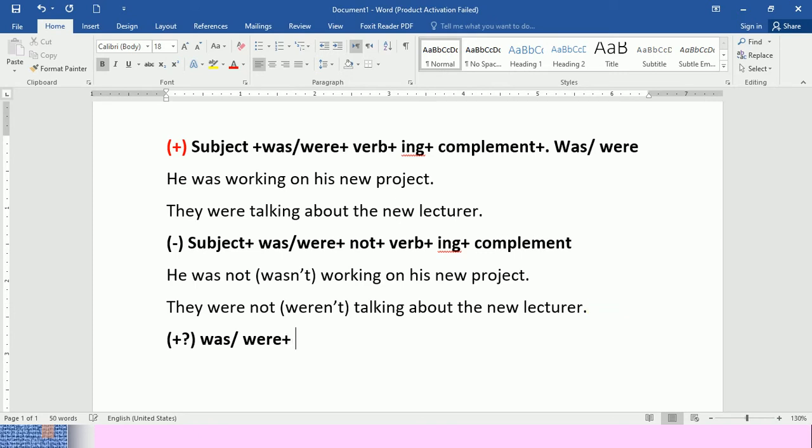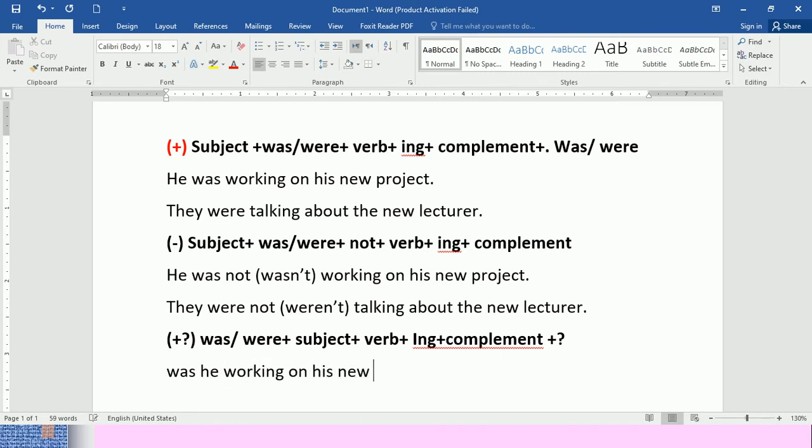So we say was, were, subject, plus verb ing, plus complement, and at the end should be a question mark. Now change this example. Was he working on his new project?